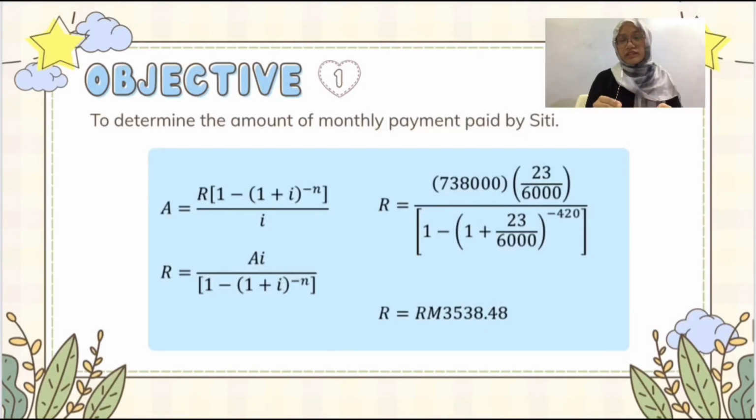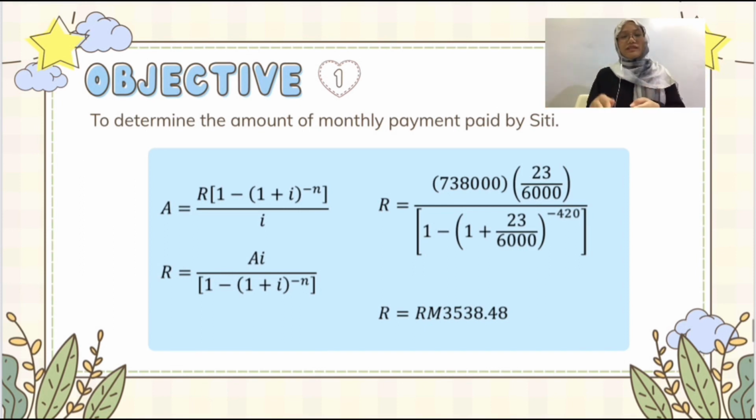For this calculation, R equals 738,000 ringgit, open bracket, and we need one more bracket for 23 divided by 6,000, close bracket, and divide all by bracket 1 minus, and put one more bracket 1 plus 23 divided by 6,000, close the bracket and put the power negative 420 and close the bracket.